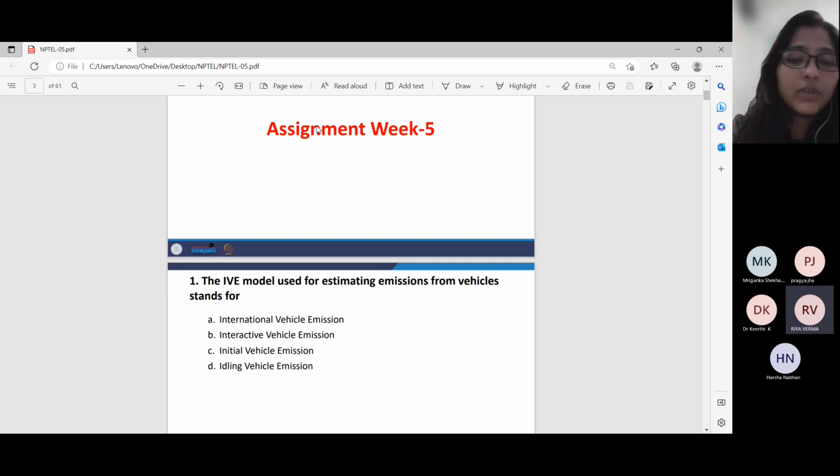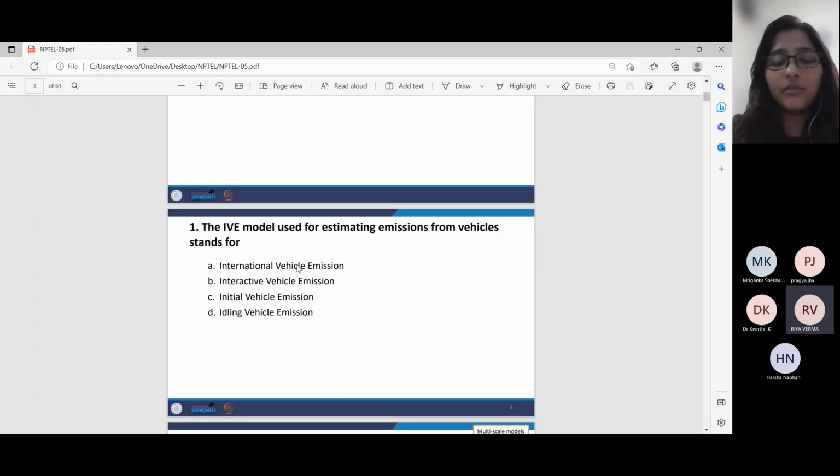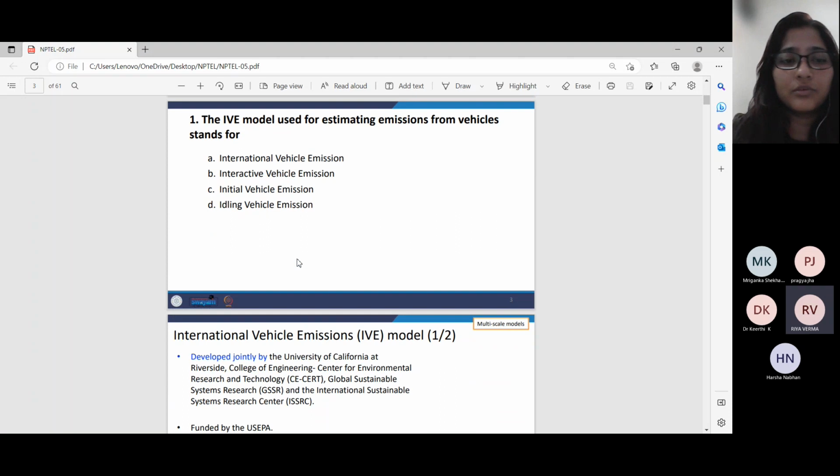So, any idea? Anyone? International vehicle emission. Okay, Harsha, international vehicle emission. Let's see. And what is this IVE model used for?